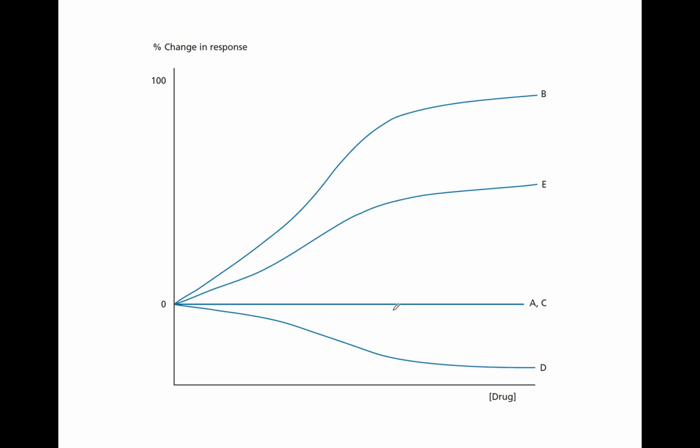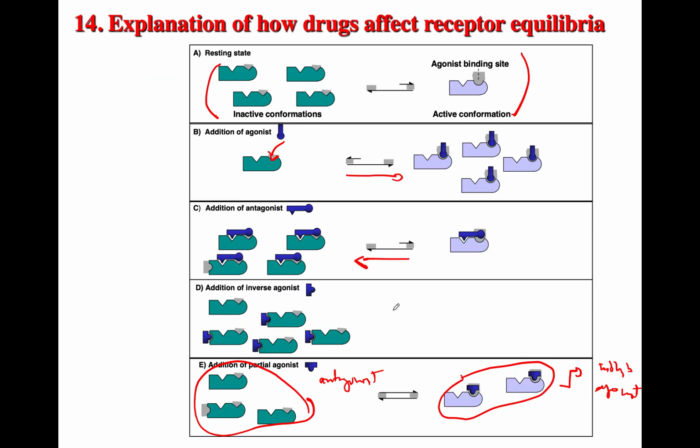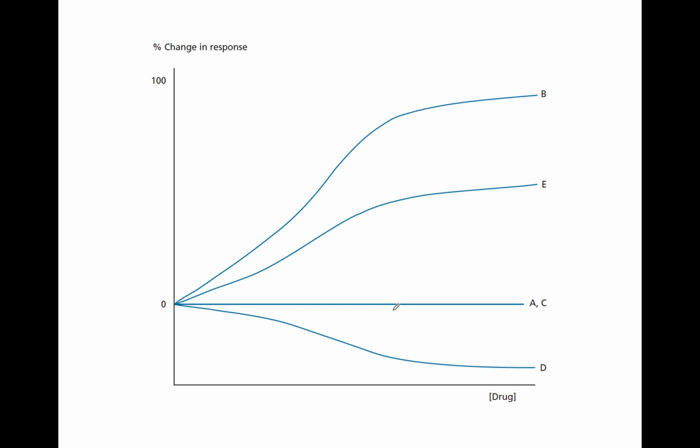So if you look at the different A, B, C, D here that we've looked at, let's say this is at the resting state. I should say this is a dose response curve where you have the response on the y-axis and the dose of the drug on the x-axis.